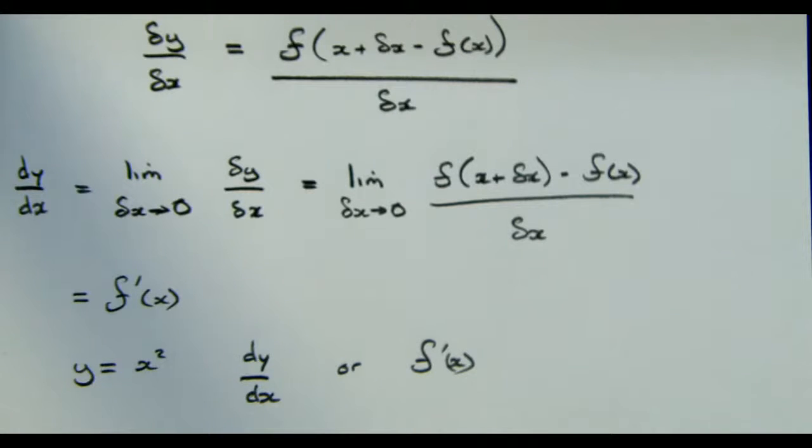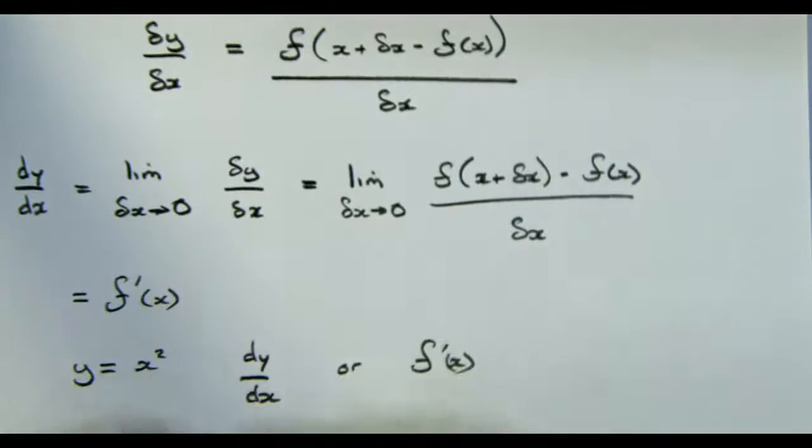They mean basically one and the same thing. They're not really any more difficult than that. So this is, if you like, the definition of the derivative dy by dx.